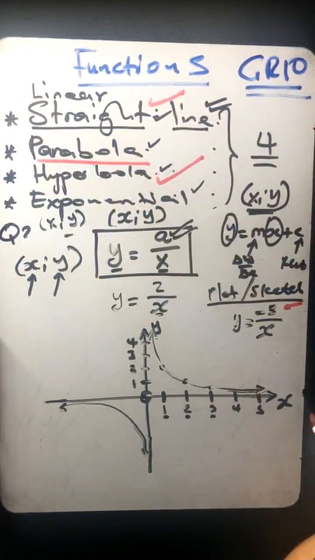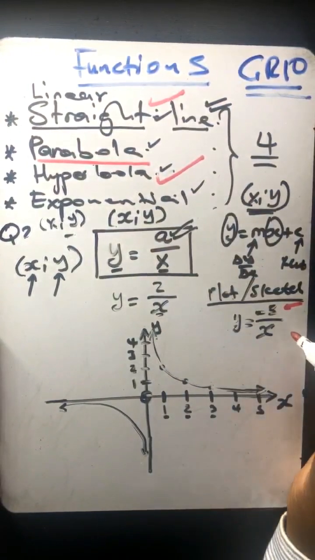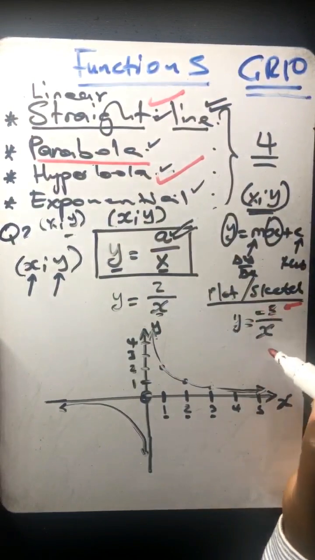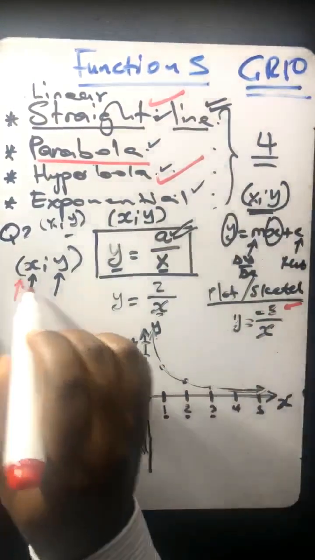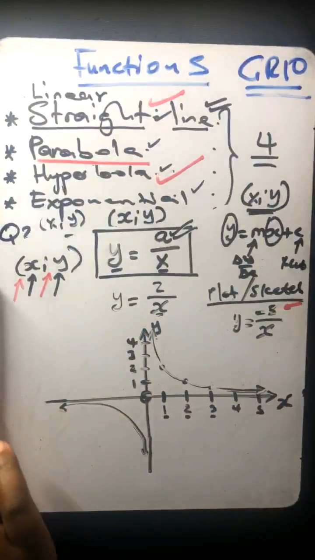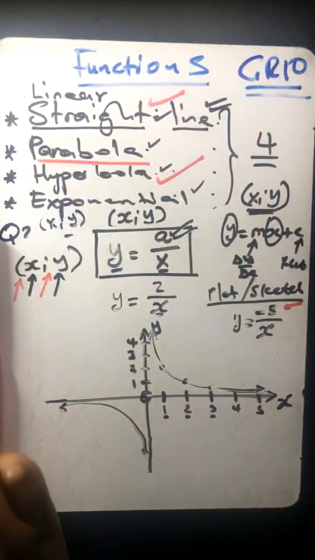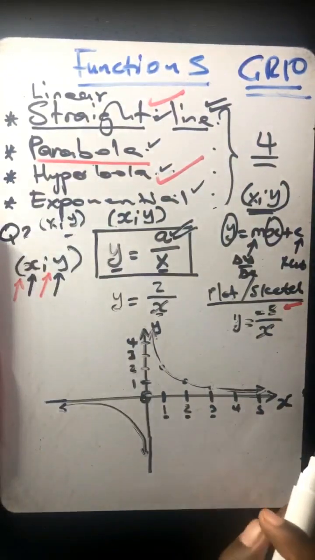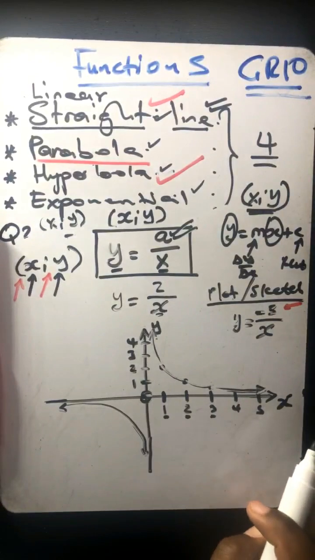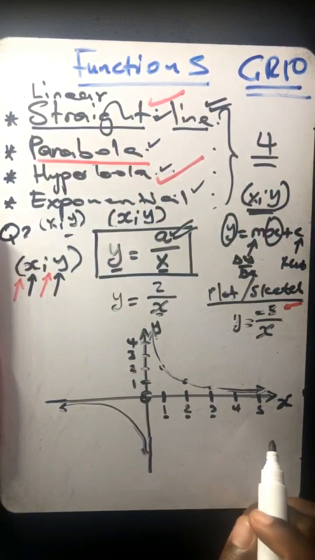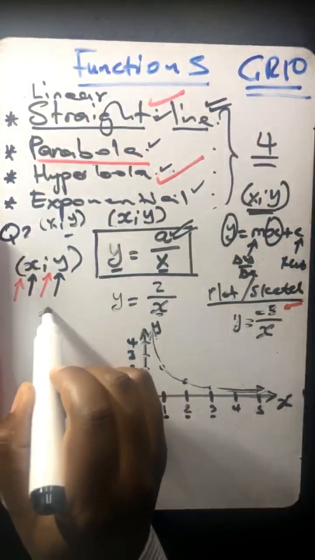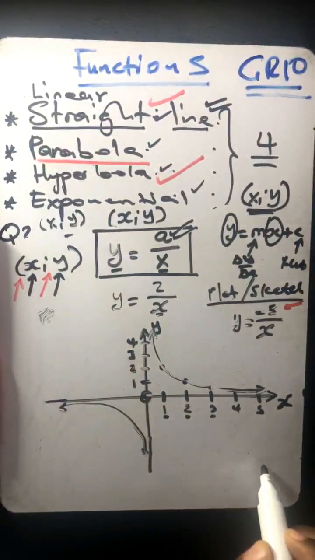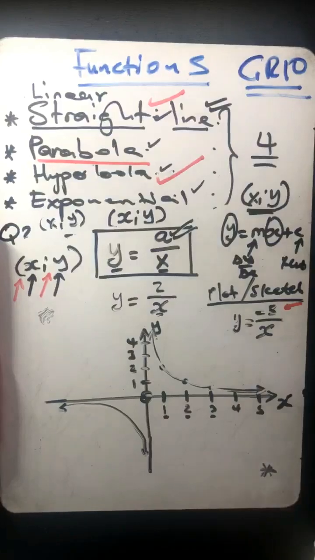Okay, so now let's quickly try to plot that one. So that means you're going to say where x is whatever, what will be the corresponding y value. So you're going to use the fraction button, -3 at the bottom. Let's maybe start where x is negative 1. Why negative 1? Because you know that your function is going to be in this quadrant and also in that quadrant as well.